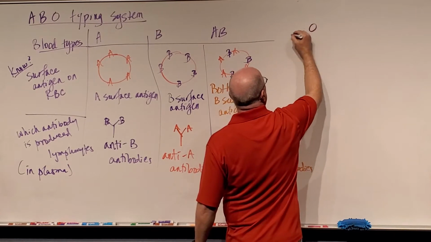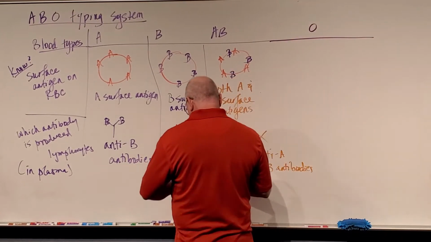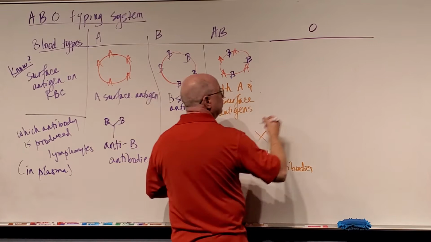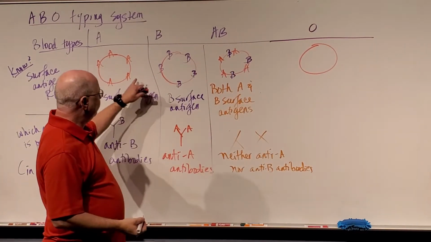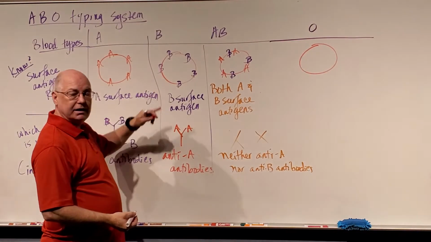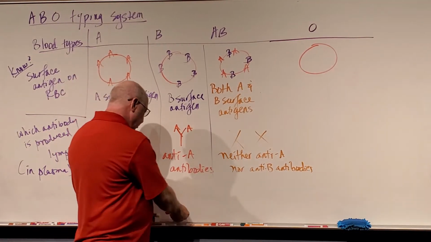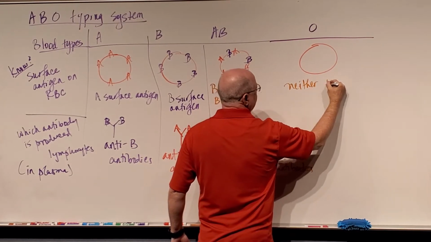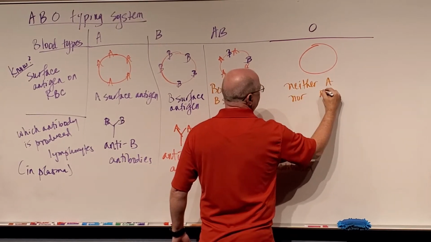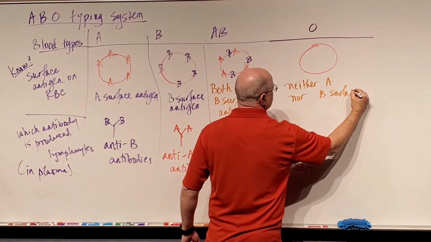If you have type O blood, then this person's red blood cell is going to look like this. It's not going to have the A, and it's not going to have the B antigen. So we can say that this person has neither A nor B surface antigen.